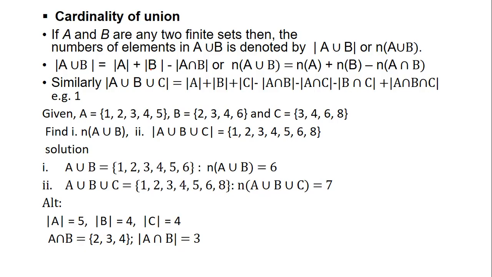Now, similarly, we have three sets, A, B, C, and you want to find the number of A union B union C. Then the same thing. We find the number of A plus the number of B plus the number of C. Then after that, you pair them: minus the number of A intersection B, minus the number of A intersection C, minus B intersection C. Then after this, you add the number of those that belong to all of them, A intersection B intersection C. You get the same thing.